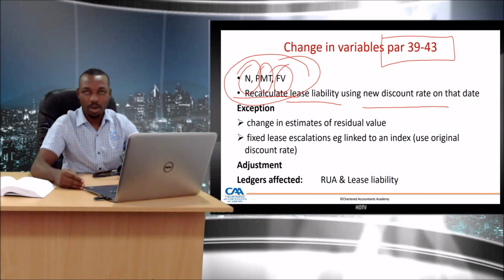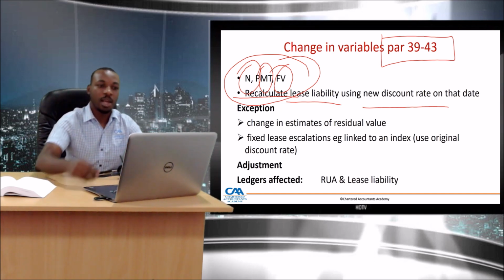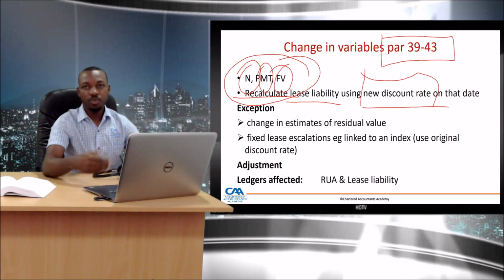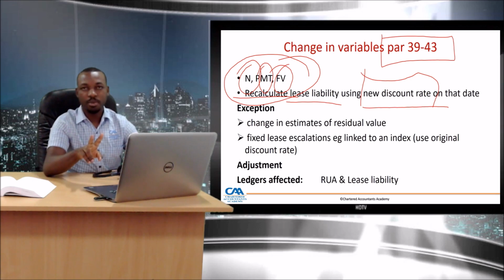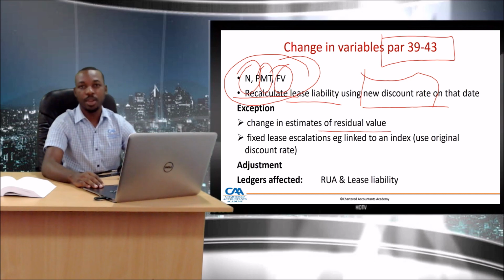You need to recalculate the lease liability, now taking into account the remaining number of years, but now using the new discount rate, which will be applicable on that particular date. But there are 2 exceptions where you do not use the new discount rate, where you actually go back and use the old discount rate. Those 2 exceptions are if it's a change in the residual value, then you stick to the old one.